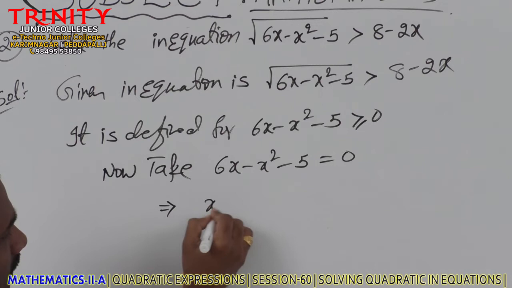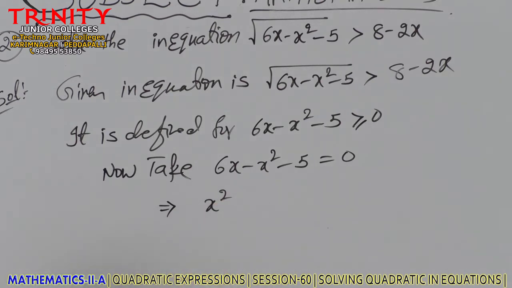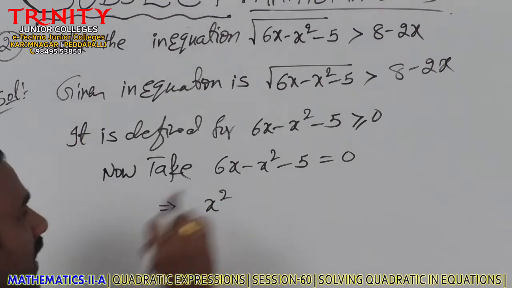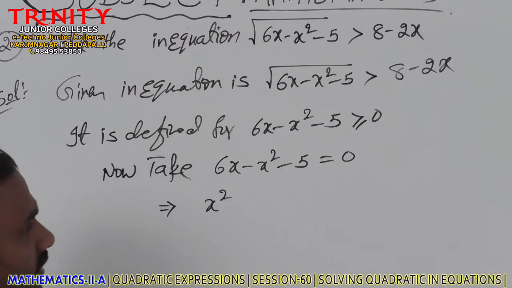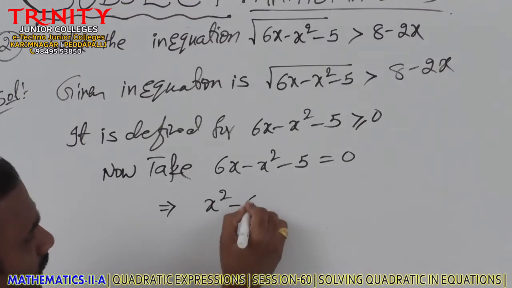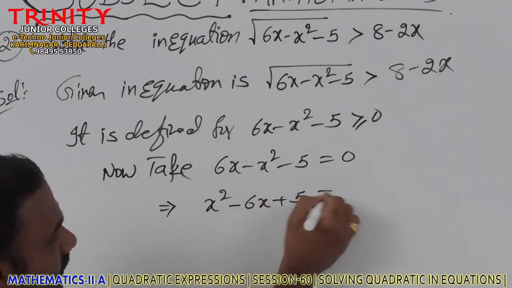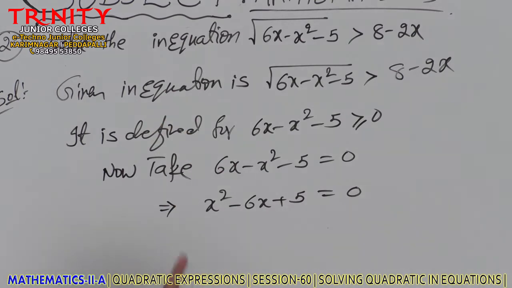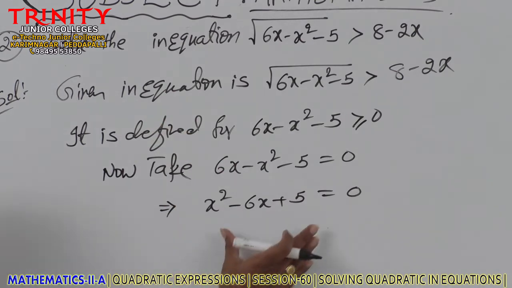Then the x square coefficient should always be positive. That's why we take all the terms to the right side: x square minus 6x plus 5 is equal to 0. Now it is a quadratic equation, then go for factorization.